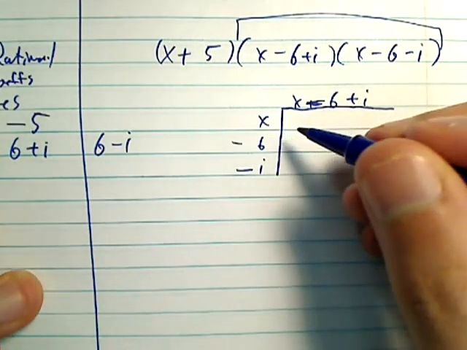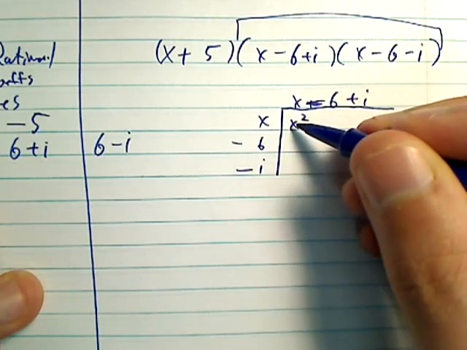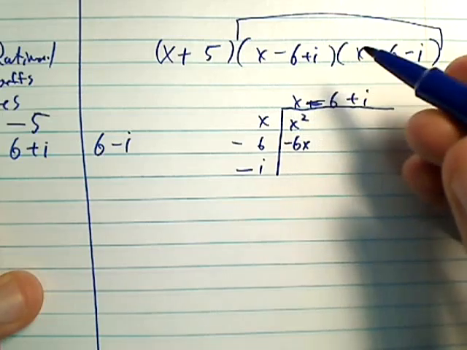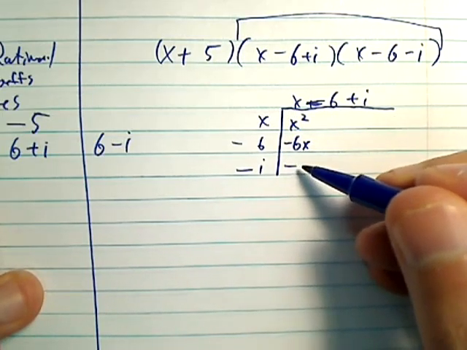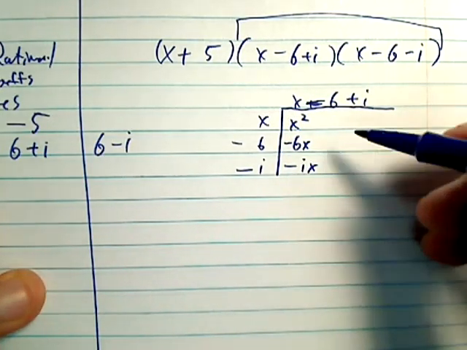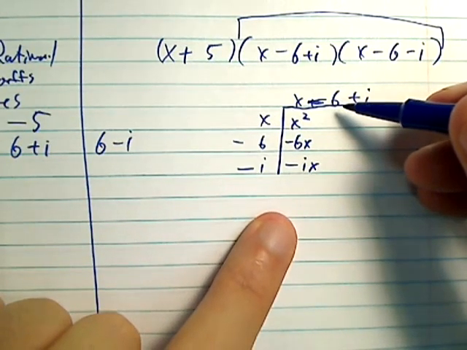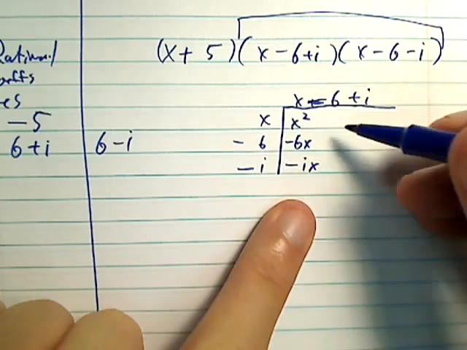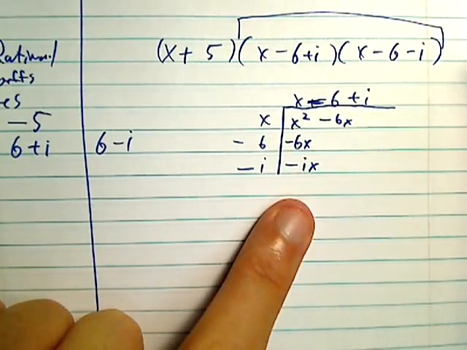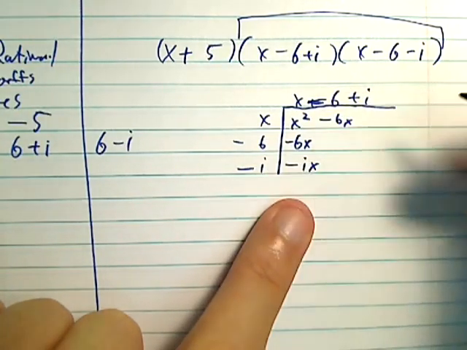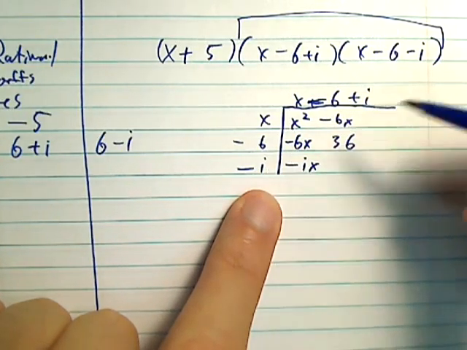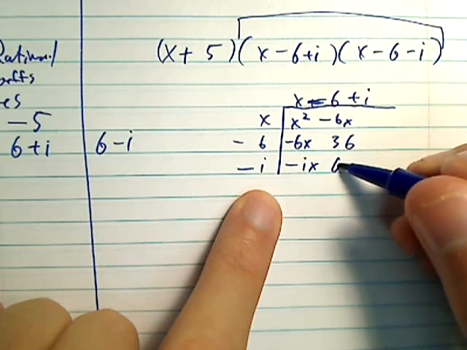So x times x is x squared, x times -6 is -6x, x times -i is -ix. Let's take -6 times each of these. -6 times x is -6x. -6 times -6 is a positive 36. -6 times -i is positive 6i.